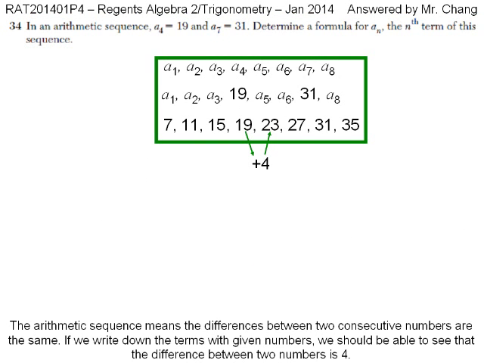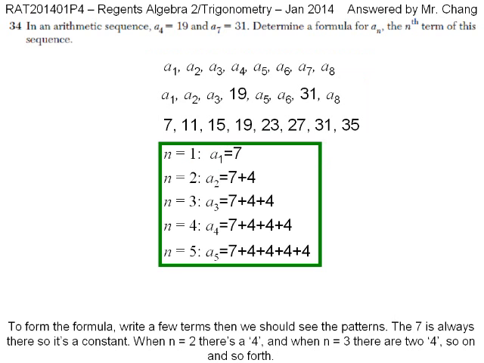Question number 34. The arithmetic sequence means the differences between two consecutive numbers are the same. If we write down the terms with the given numbers, we should be able to see that the difference between two numbers is 4. To form the formula, write a few terms, then we should see the patterns. The 7 is always there, so it's a constant.